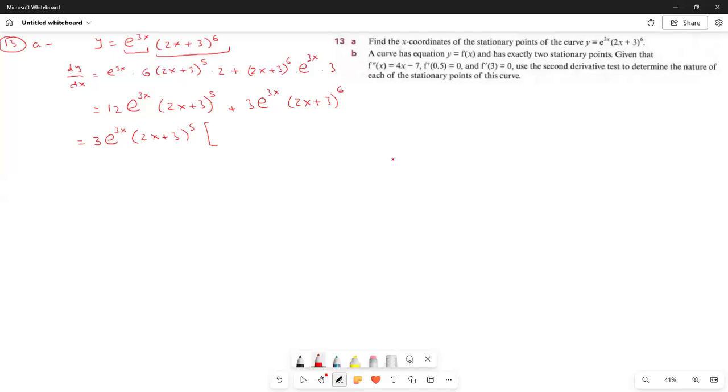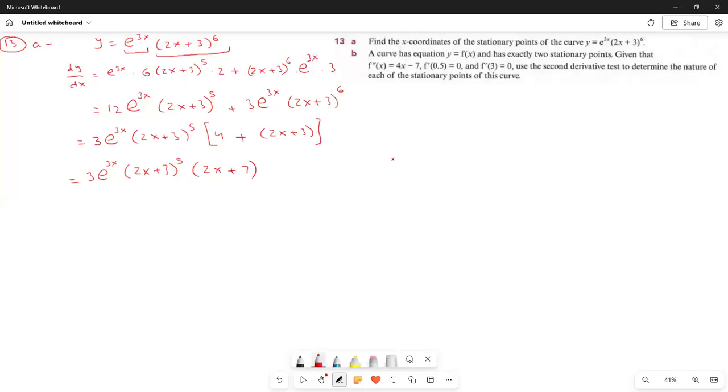I have only 4 from the first thing, and plus from the second thing I will have only (2x + 3) to the power 1. So from here we can see this is 3 e to the power 3x into (2x + 3) to the power 5 into (2x + 7).